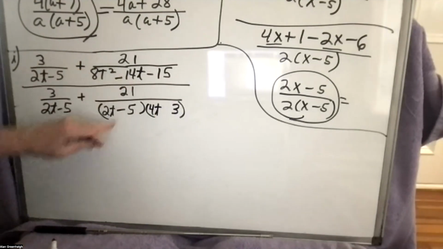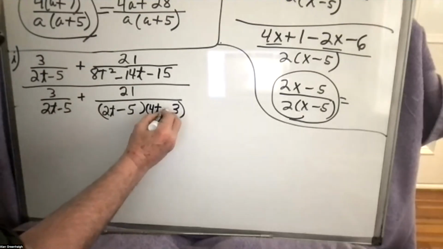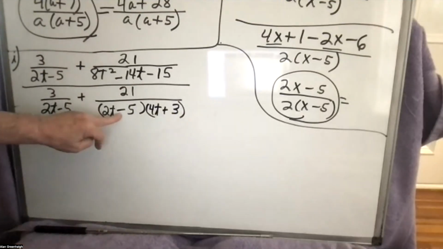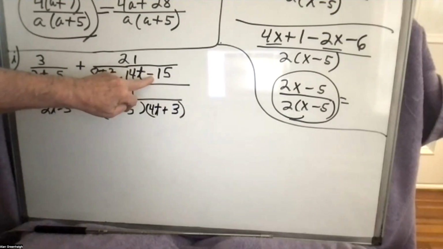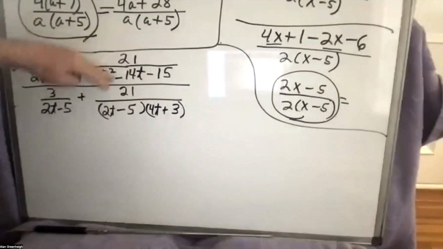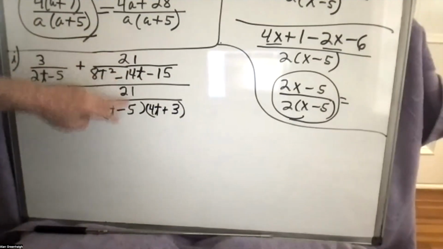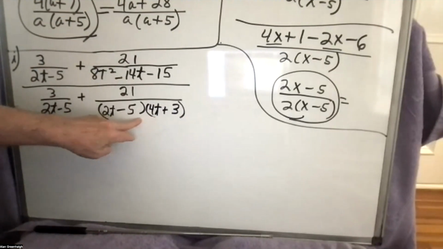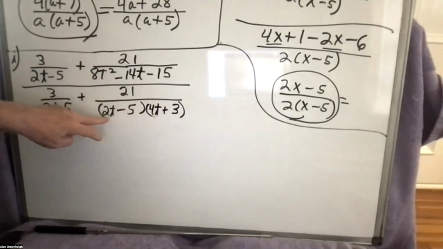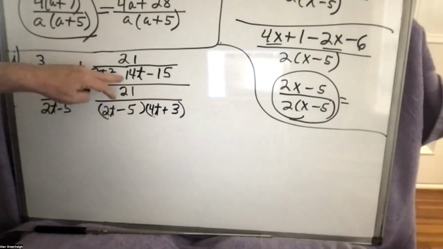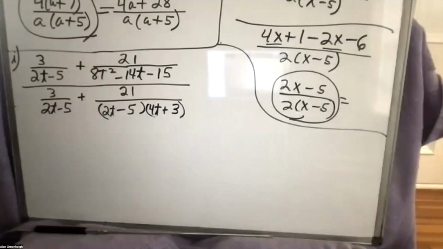This has to be plus, because the negative times the positive has to give you the negative. Now, does the middle turn out to be negative 14? Negative 20, positive 6, negative 14. That's it. Yes.